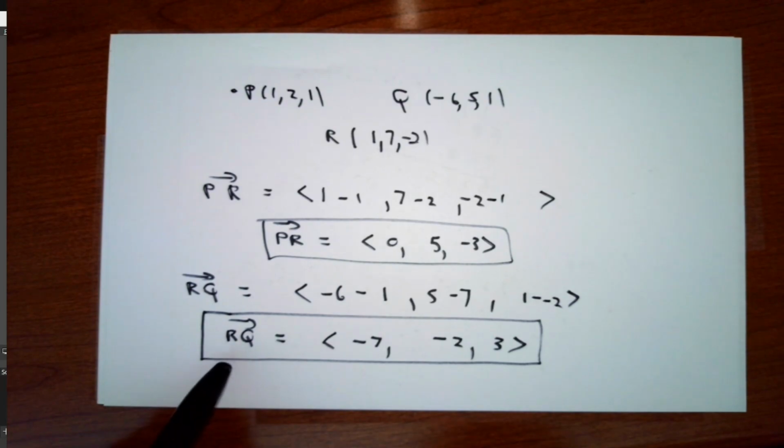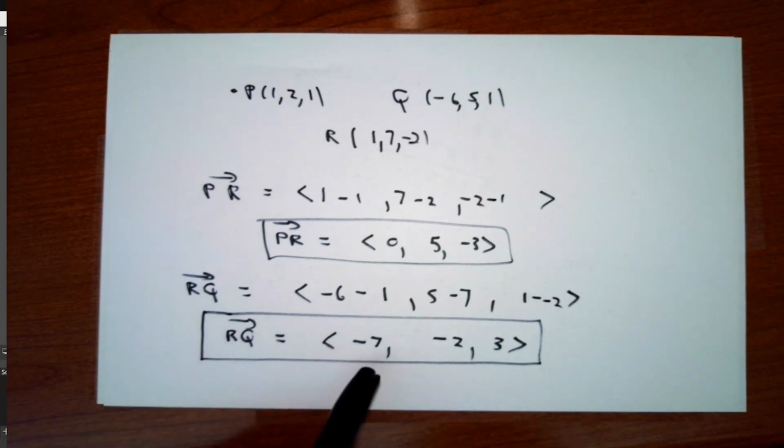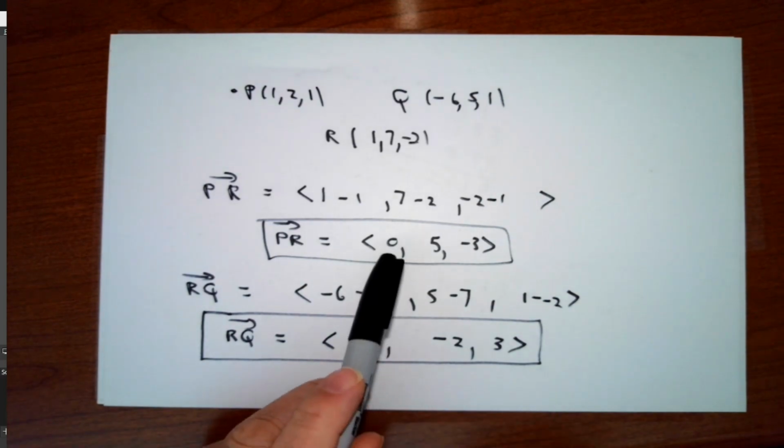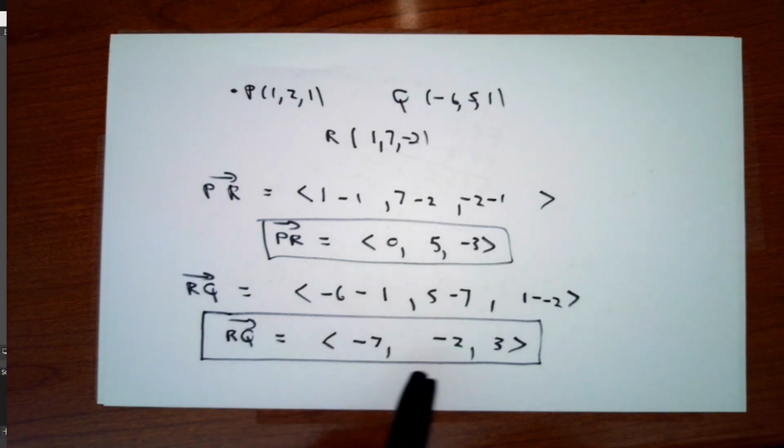The vector from R to Q is (-7, -2, 3). Neither one of these vectors is the 0 vector. One of them has a component equal to 0. The other one doesn't. There's no way these vectors can be multiples of each other. Therefore, these 3 points don't lie on a straight line.